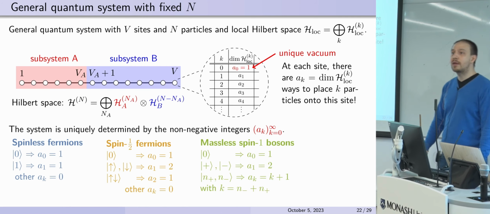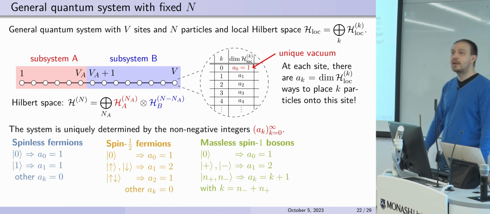So with that setup, how can we compute the entanglement entropy for a random state in this Hilbert space, in this space of fixed particle numbers? And more generally, one can relate this structure to a U(1) symmetry that the particle number operator generates.